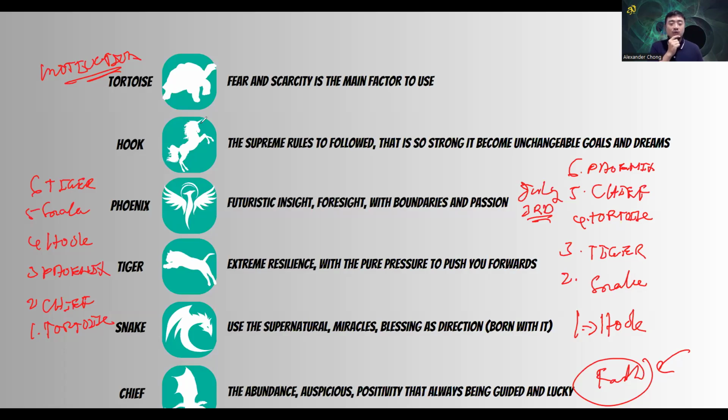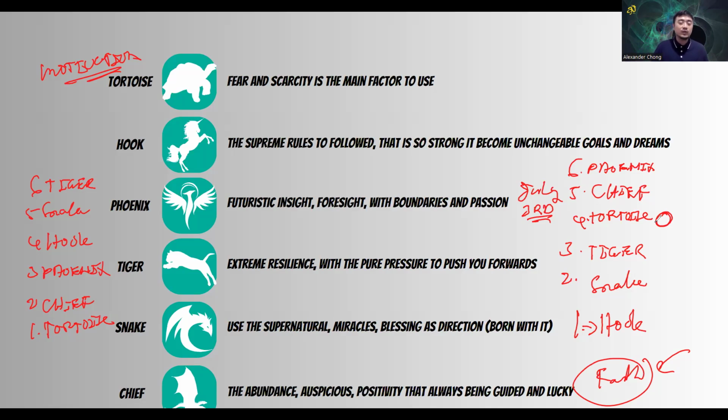Okay, so if you get tortoise, that means fear and scarcity that you never get it is the main driving force for you. Okay, utilize fear. If this is for other people, yeah, sometimes tortoise is used for others because line 4 is actually here. Okay, that means use fear on others.